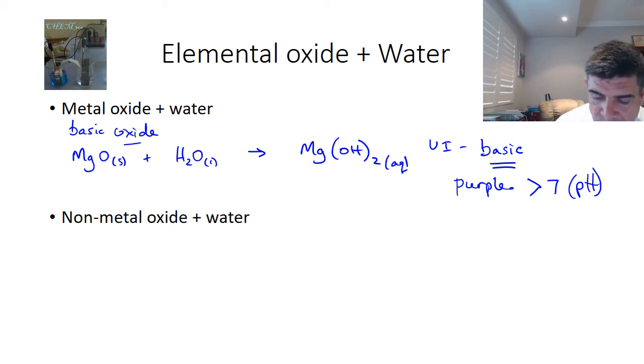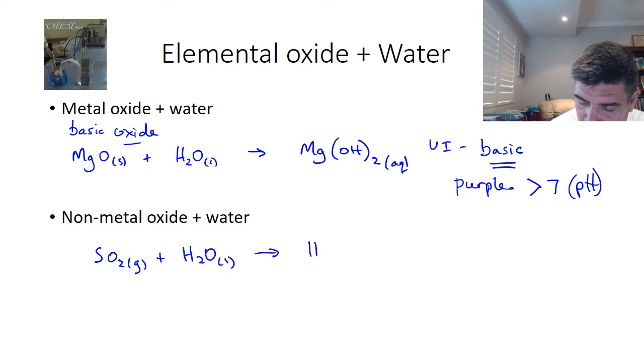Conversely, our non-metal oxide, our sulfur dioxide, if we bubble that into water, or perhaps more safely if we do that with carbon dioxide, what we produce is, in this case, H2SO3, which is sulfurous acid.